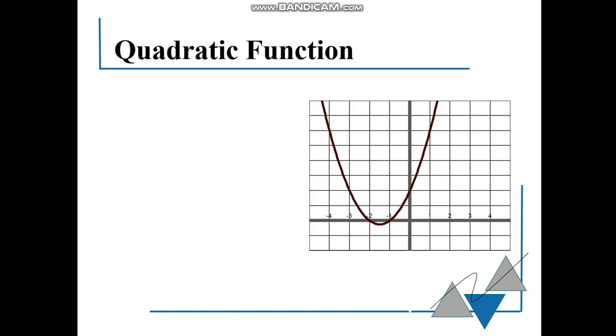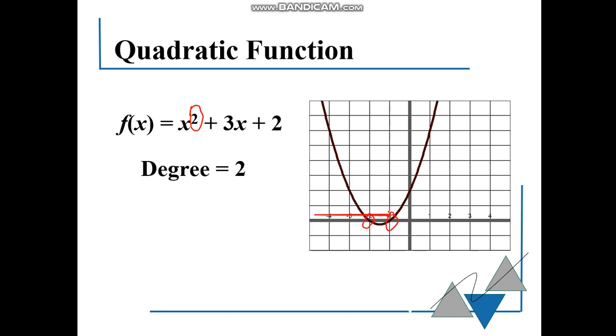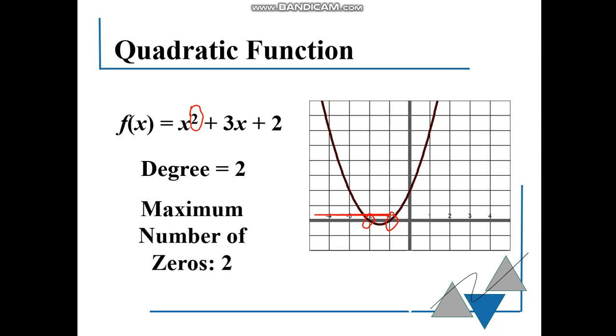Let's look at a quadratic function. Here's an example of a quadratic function. So the degree, again, is the biggest exponent. So we have degree equal to 2. And you see we've got 2 x-intercepts.